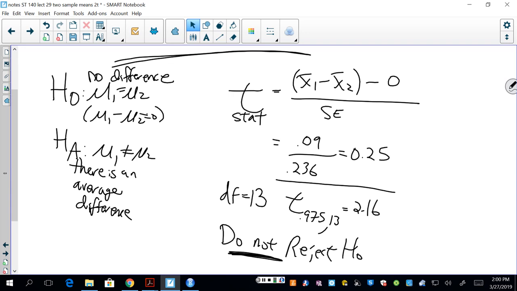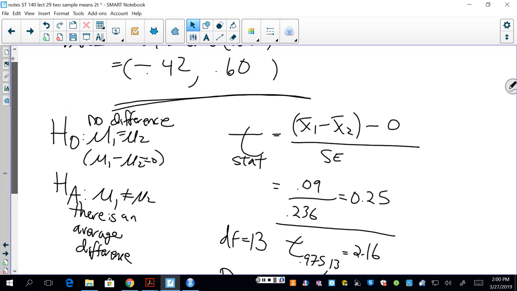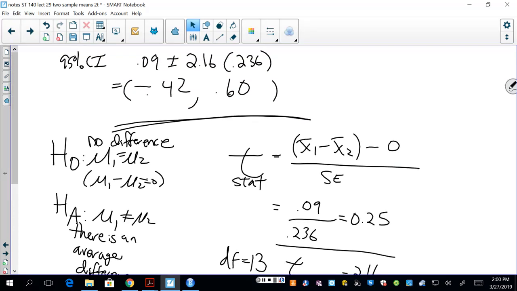Confidence interval, I think, tells you a little bit more. You see the range of likely values, a little more information. So since it includes 0 in the range, like between -0.42 and 0.6, you can say that there's no difference.